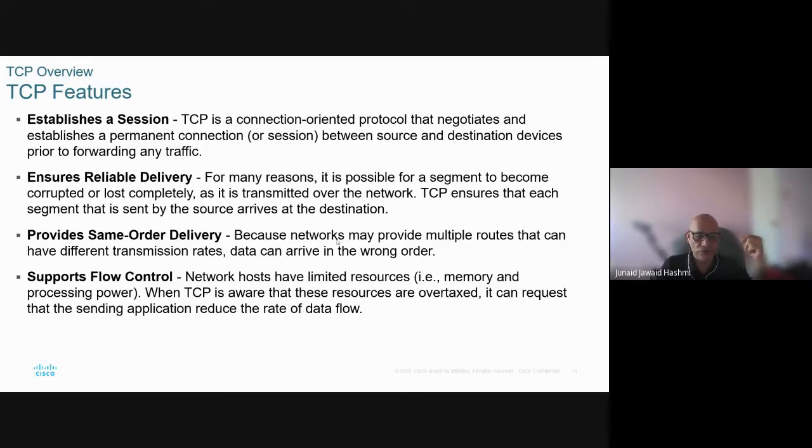Okay, so when a sending application is sending packets faster than the receiver can handle, because it has less memory and less processing power, TCP actually controls that flow of conversation. That's why on a network we have different types of computers coexisting. A slower computer and a faster computer can coexist in the same network.